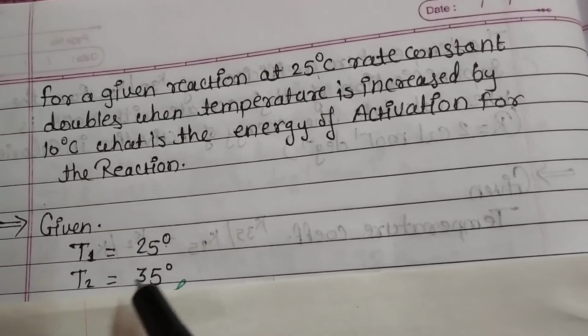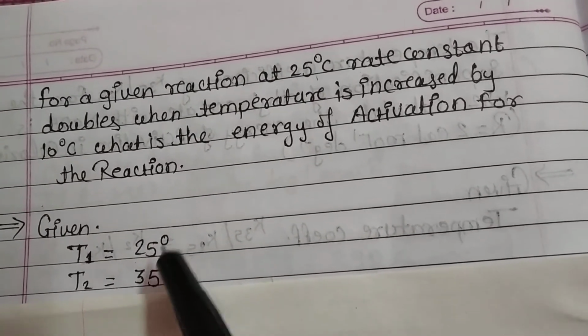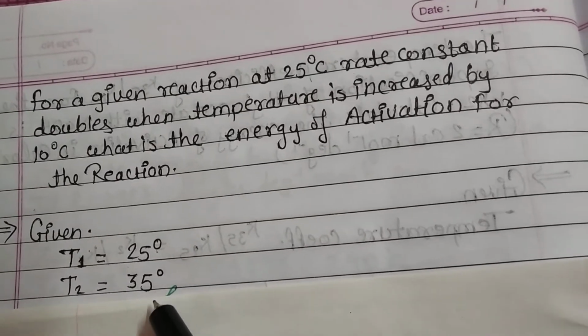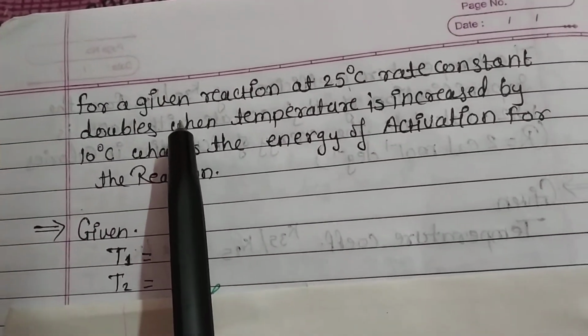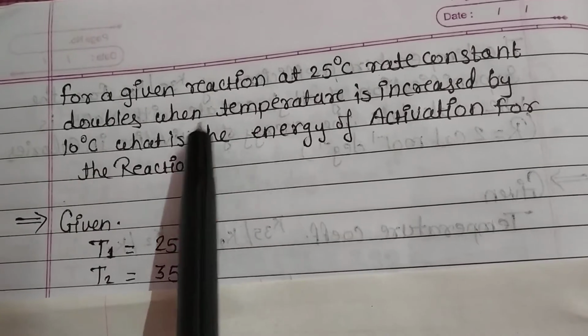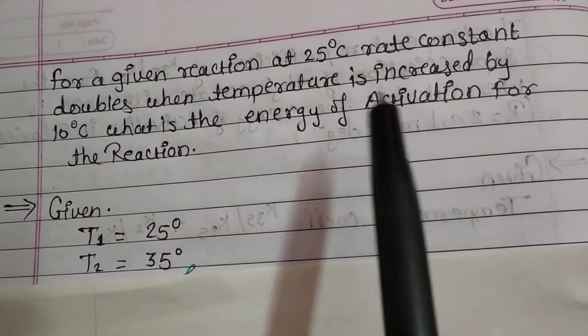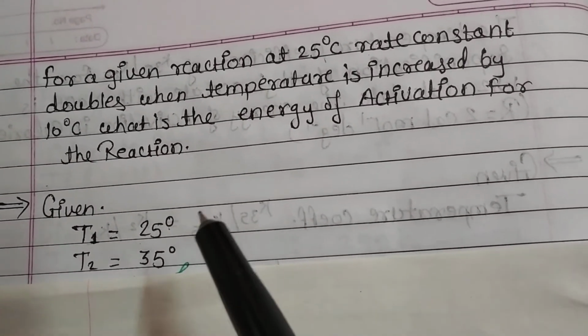So T2 is equal to 25 plus 10, which is 35 degrees Celsius. Here the rate constant doubles when the temperature is increased by 10 degrees Celsius.